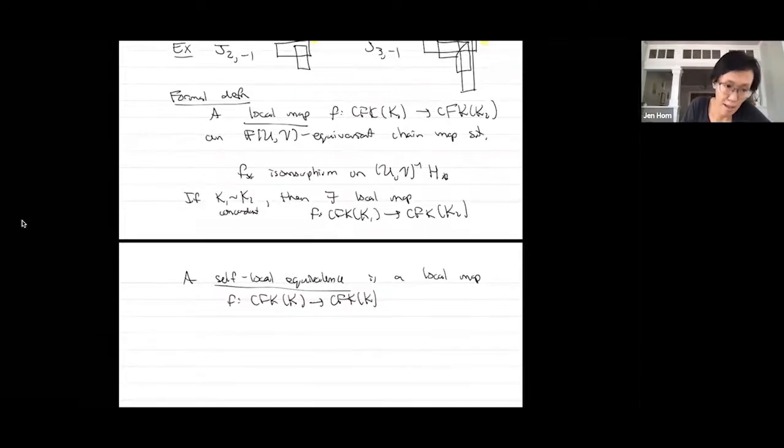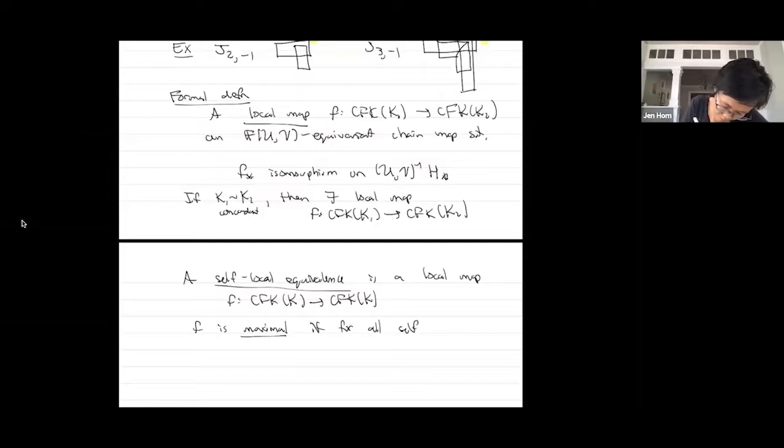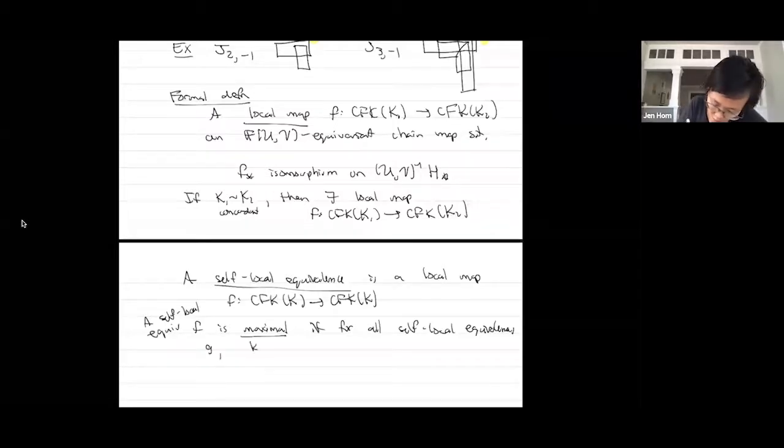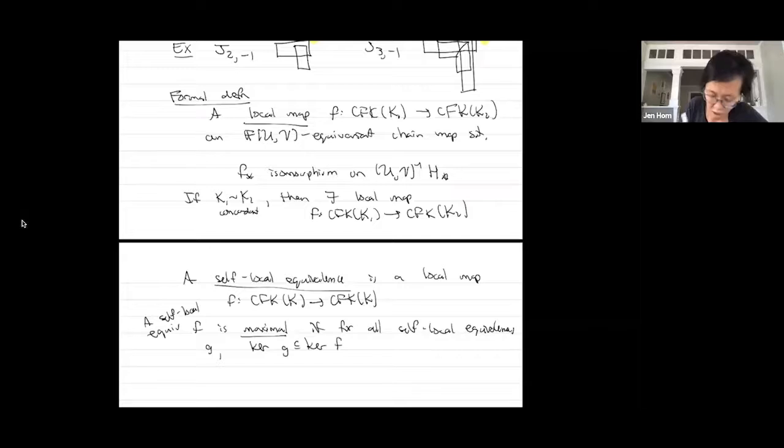Okay. And then you can say that a self-local equivalence F is maximal if for all self-local equivalences G, the kernel of G is contained in the kernel of F. So a self-local equivalence is maximal if it has the biggest possible kernel among self-local equivalences.